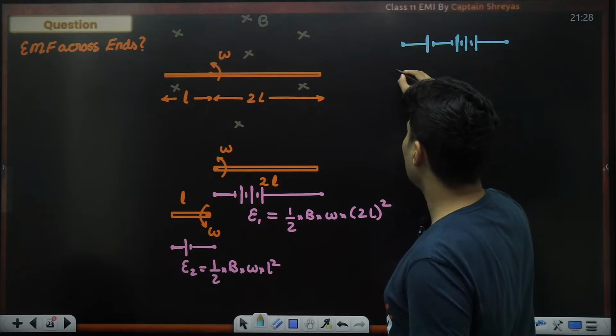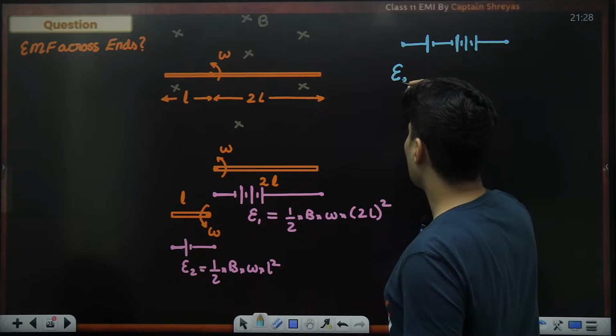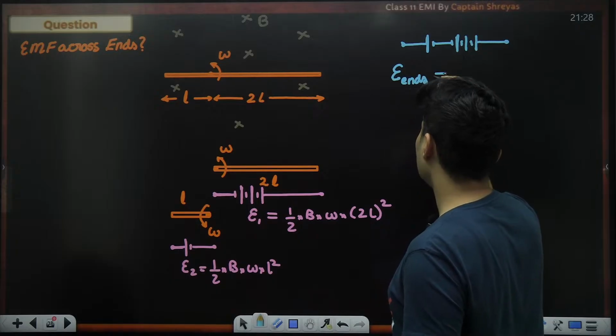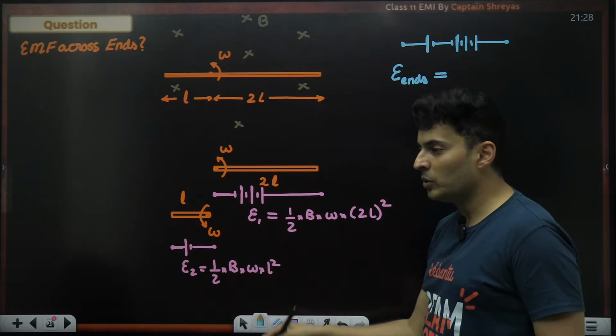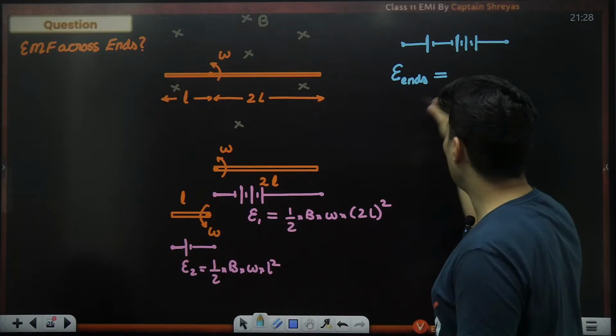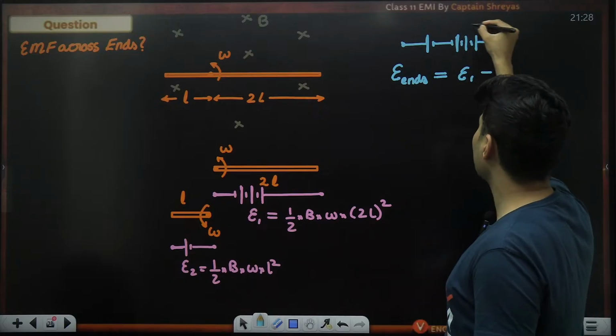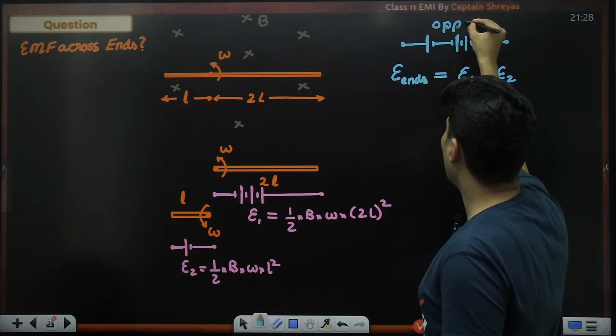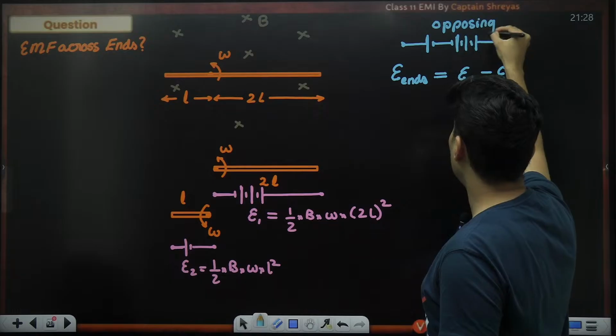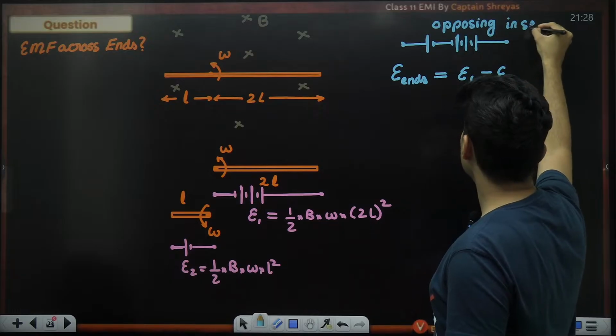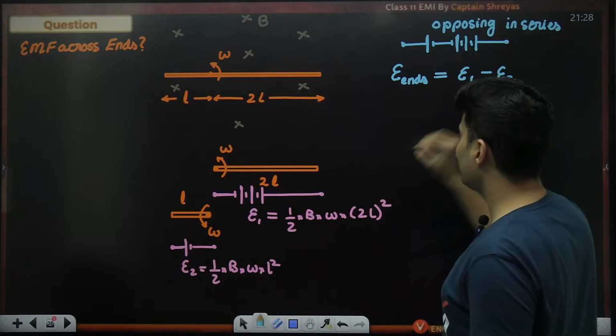So what will be the EMF across the ends of the rod? Will it be E1 plus E2 or E1 minus E2? Obviously, it will be E1 minus E2 because they are opposing in series combination. So you have to consider the sign.